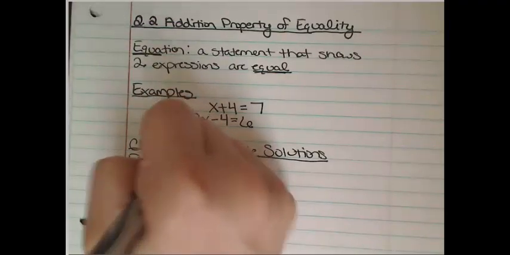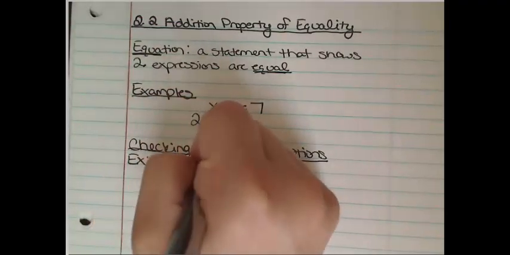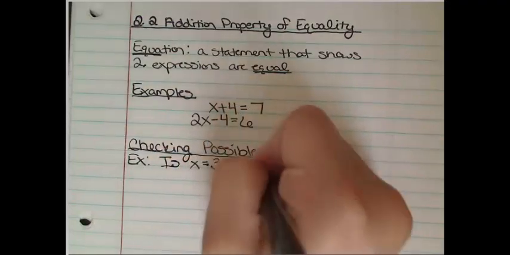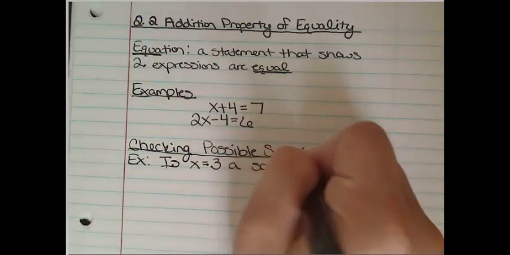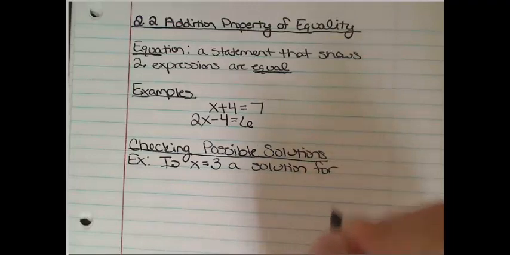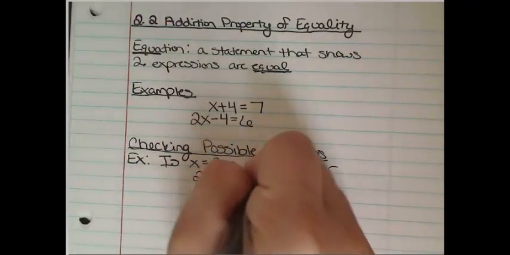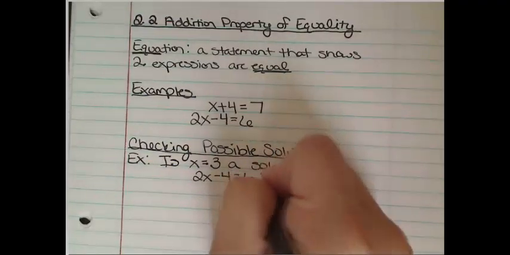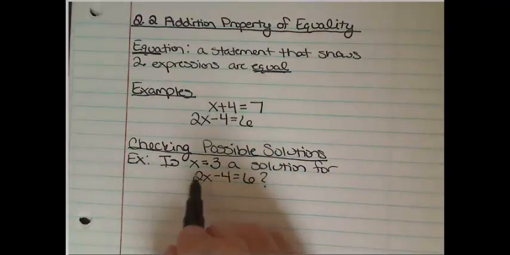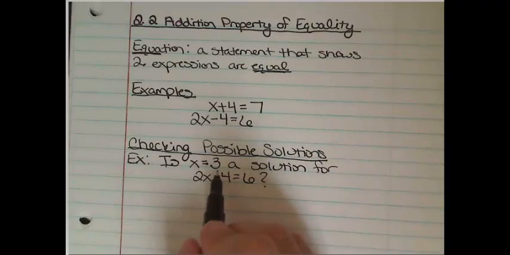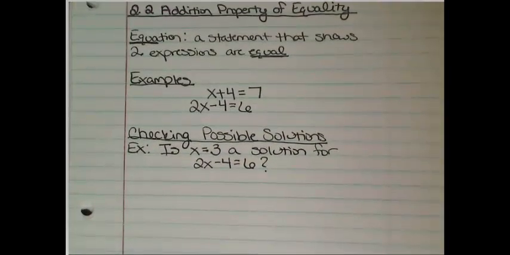It's going to say, is x equal to 3 a solution for 2x minus 4 equals 6. Okay, so it gives us the equation and it actually gives us an answer. Now it wants to know if that answer is actually valid for this equation.